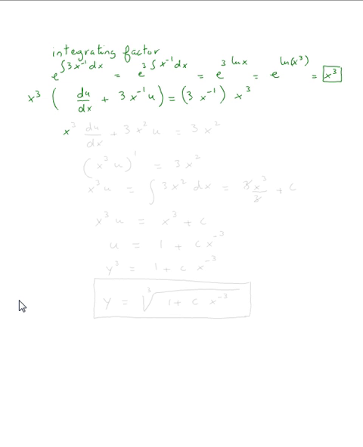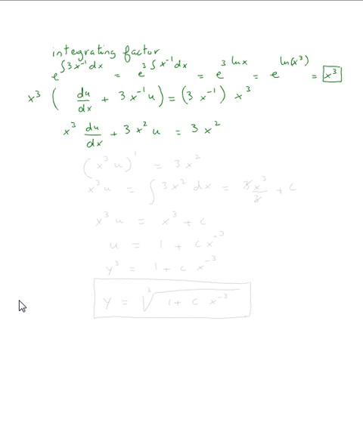What do we get? We get x cubed du/dx plus 3 x cubed times x^(-1), which means x squared, u, equals 3 x^(-1) times x cubed, which is 3x squared.